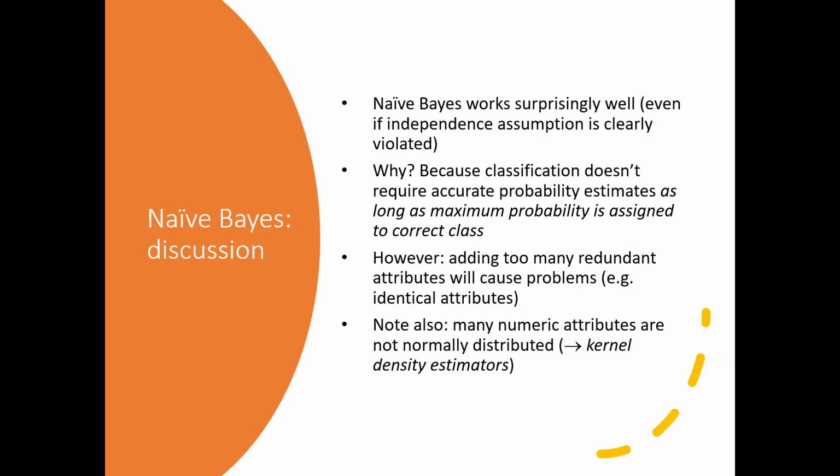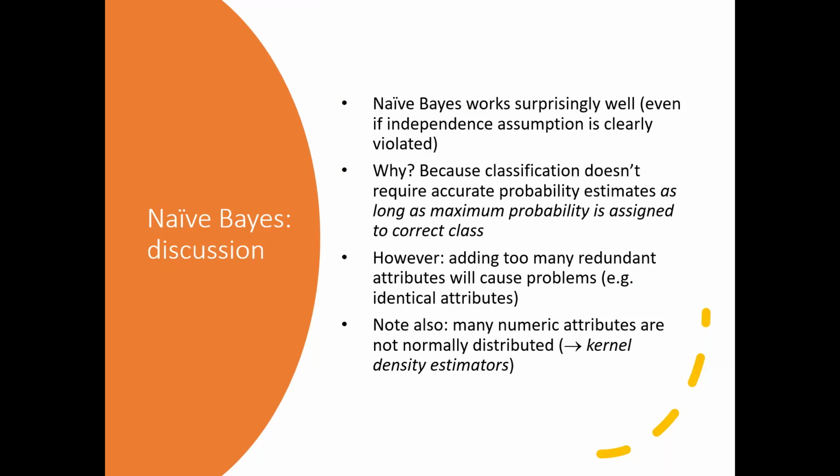The idea here is this: the probability estimates might change, but as long as you get the maximum probability assigned to the correct class, you are safe, right? But on the other hand, remember, if you have too many attributes, that can also be a problem, right? That is what we will see with naive Bayes.